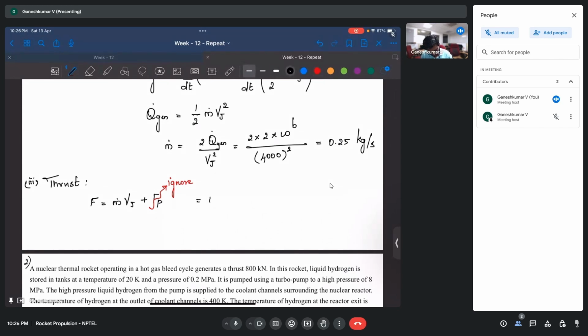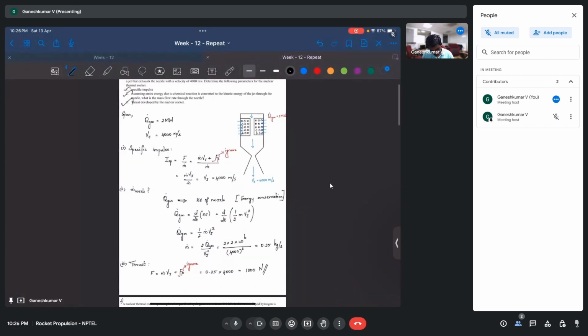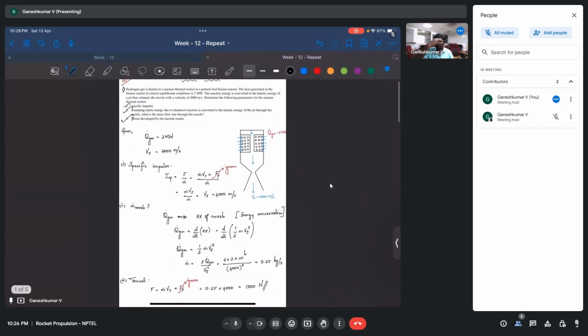Since we know m dot, it's 0.25 into Vj, which is 4000, which equals 1000 newtons. So this is a fairly simple problem, which deals with energy conservation and how to find performance parameters like thrust and specific impulse of a nuclear thermal rocket.